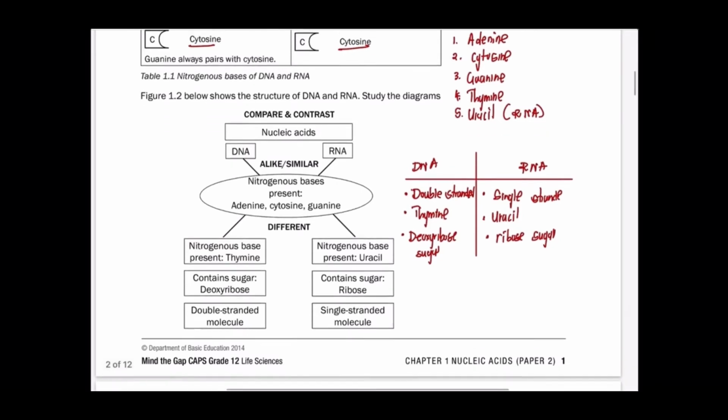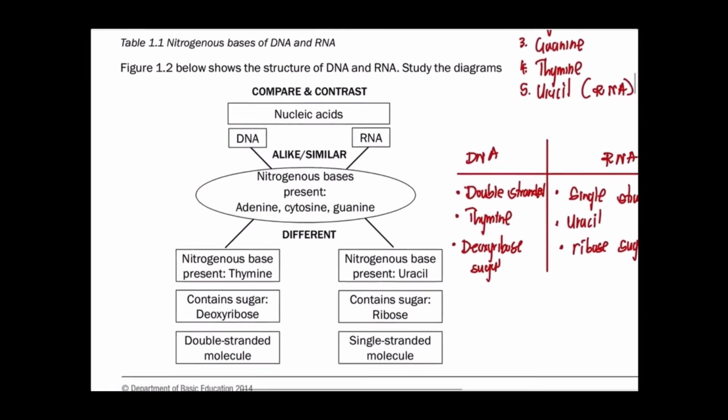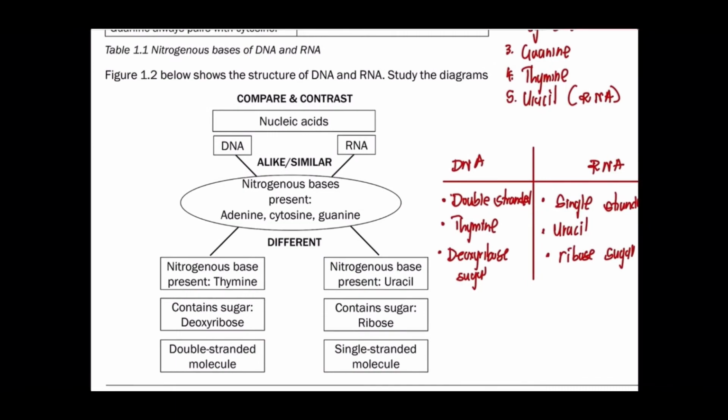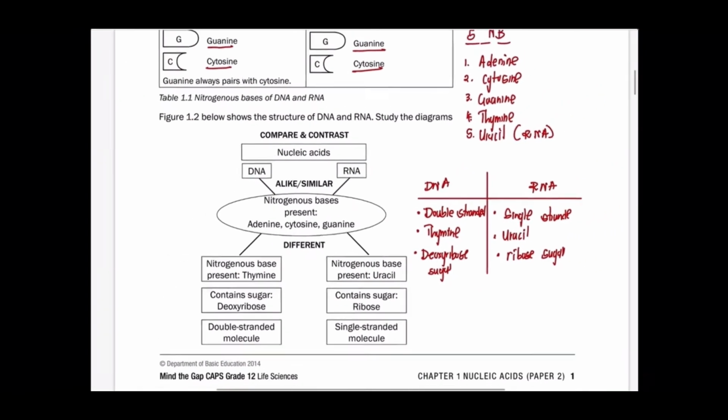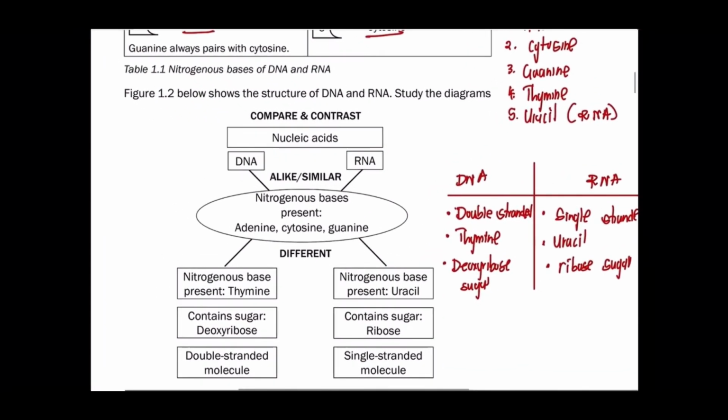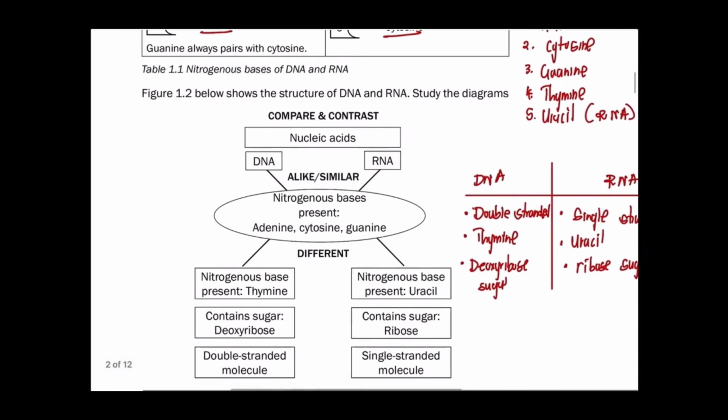So the diagram, or rather the figure that is shown here, basically shows the differences as well as the similarities between DNA and RNA. So we have our nucleic acids, DNA and RNA.